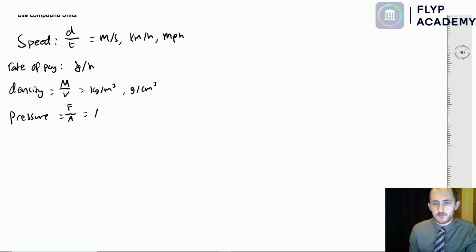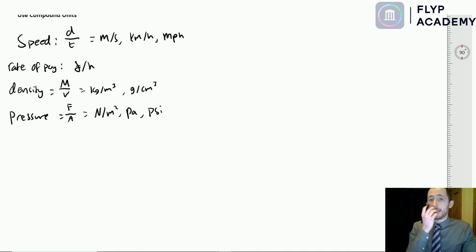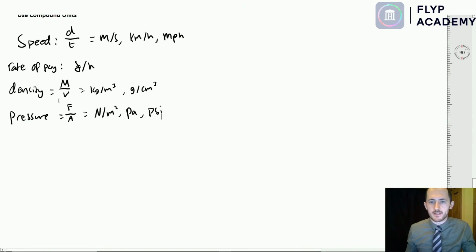That is 9 times out of 10 given as newtons per square meter, but it can also be given as pascals. Or, as we had before, you have PSI, which is pounds per square inch. Those are the main ones. You just need to be able to use them, okay? So what that means is when you do a calculation with density, you should be able to say what the units are. And if you do a calculation with speed, you should be able to say what the units are, and so on, which I'm hoping you're completely fine with.